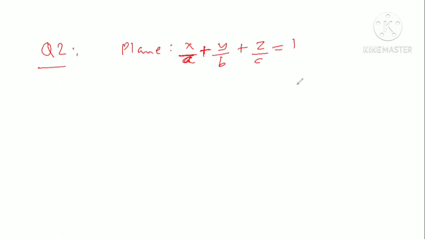Okay. So we have a plane x by a plus y by b plus z by c is equal to 1, which is fixed. Now we have a point P. Coordinates of point P are h, k, u.